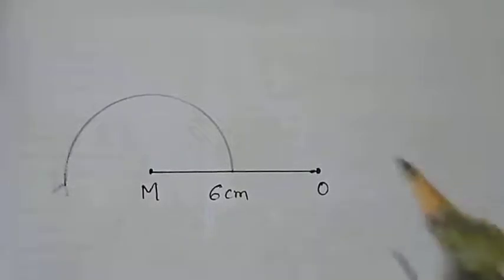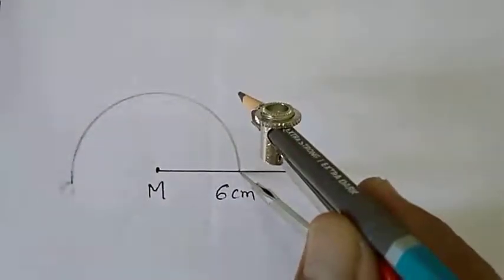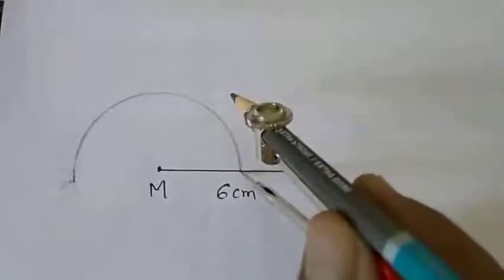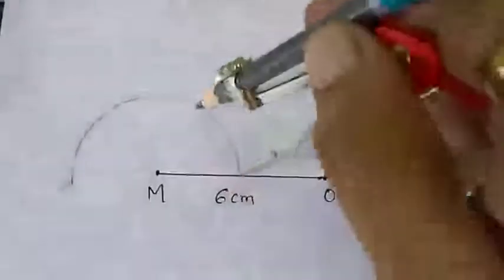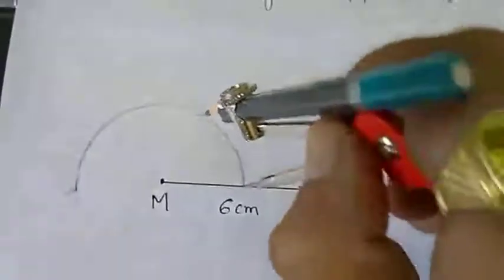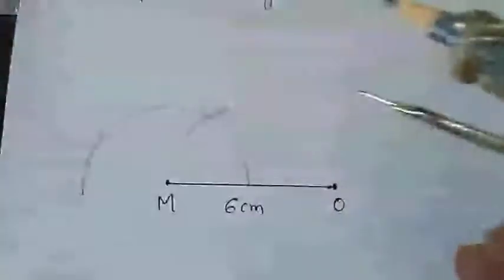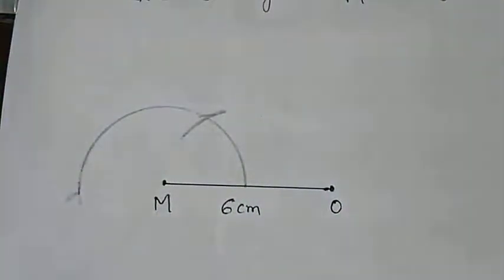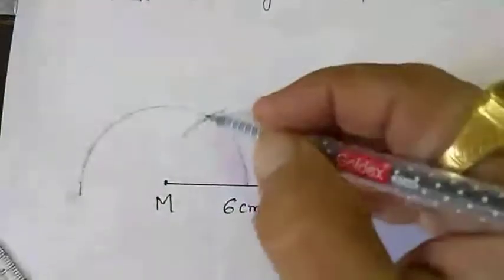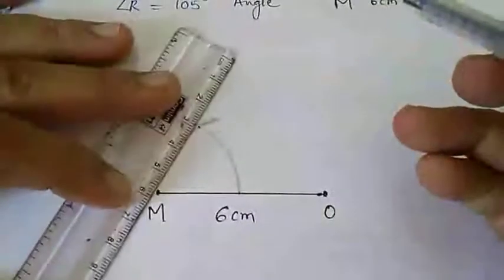Clear? Now 3 centimeter we have taken, so from this point, between MO, consider a point X here. So this point will help us to do the intersection on the semicircle, and this intersecting point will help us to do the 60 degree angle.